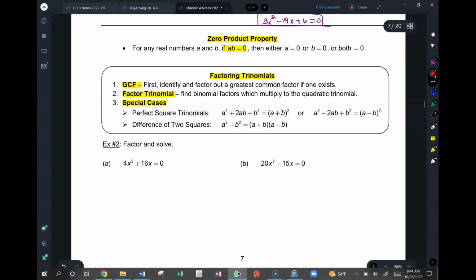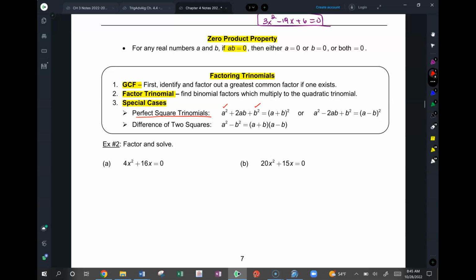So we have perfect square trinomials where you have a squared, b squared. So you have a perfect square, and then here it's 2 times AB. So these factor like this, A plus B squared. You guys remember this from last year and the year before? We're going to do examples.